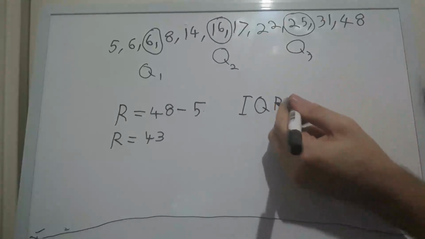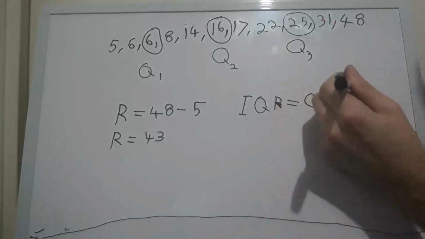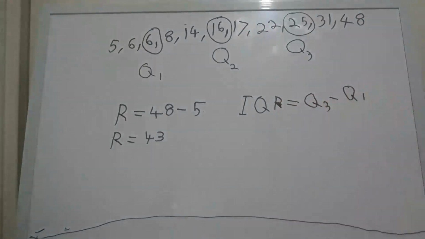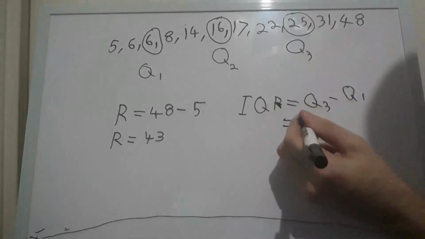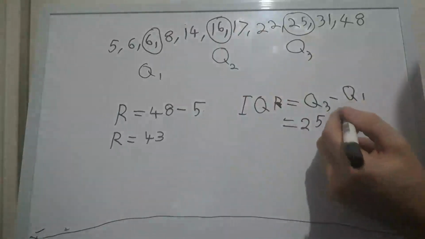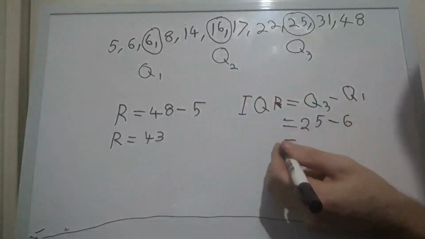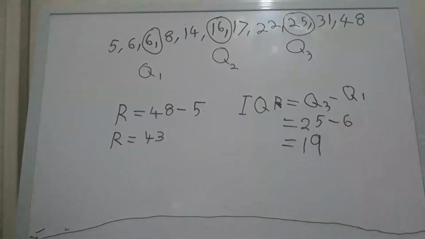Interquartile range is equal to Q3 minus Q1. In this case, we know that quartile 3 is equal to 25 and quartile 1 is equal to 6. So your interquartile range is going to be equal to 19.